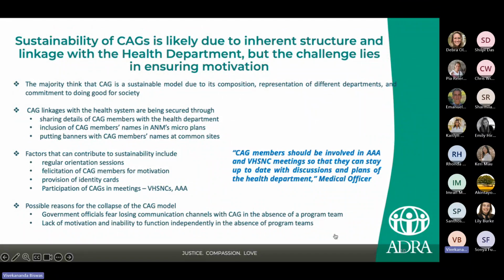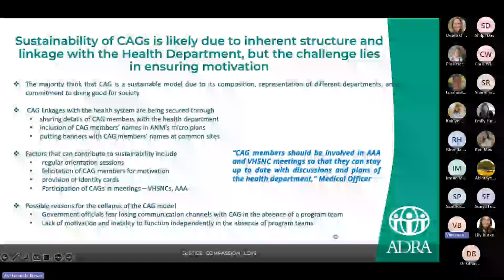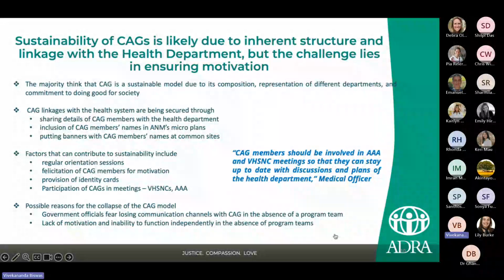Also, we have provided identity cards, and we are trying to advocate with the government so that identity cards could be given, because an identity card gives them a kind of recognition as well as identity.